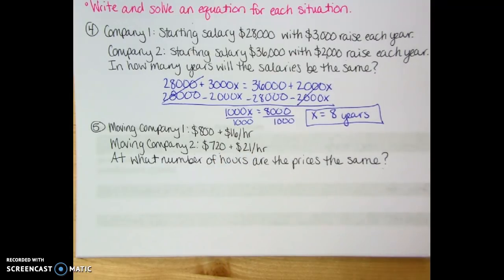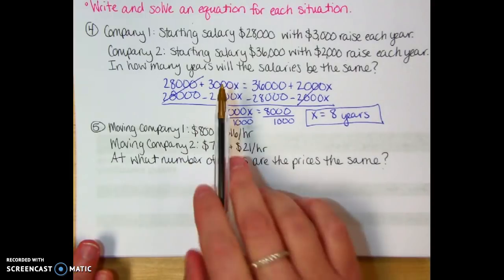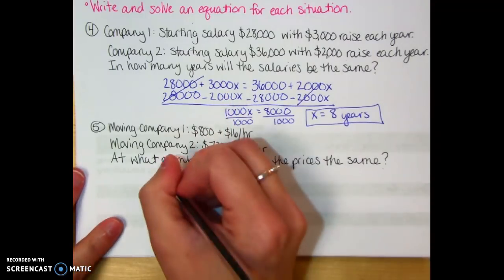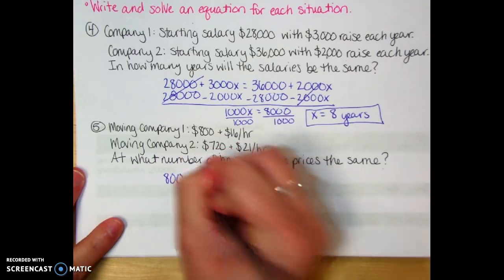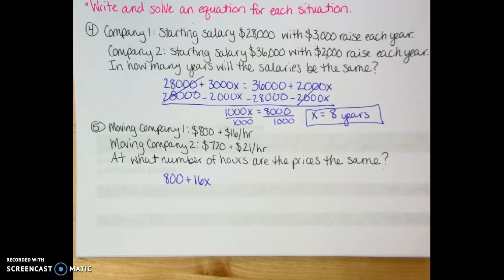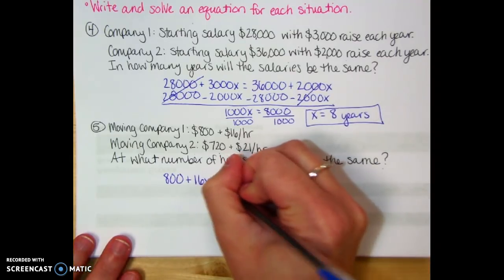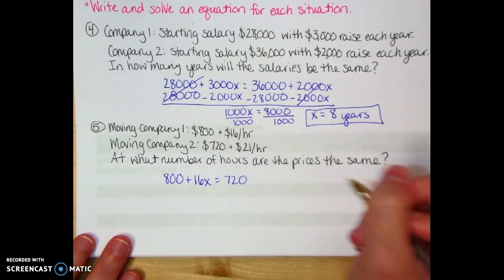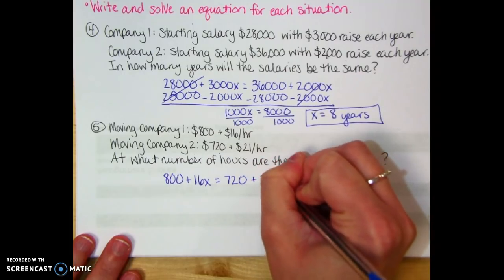And they also charge $21 an hour in addition to the $720. So it says at what number of hours are the prices the same? So we're going to set it up just like how we did this one up here. You take your $800 plus $16 per hour, so 16x, and that equals 720 plus 21x.